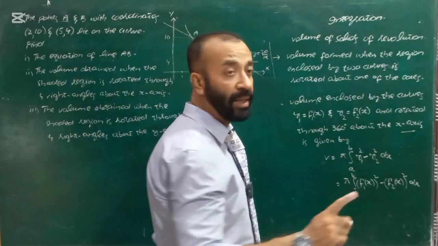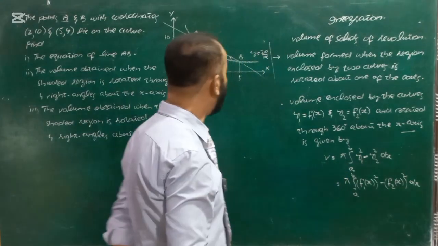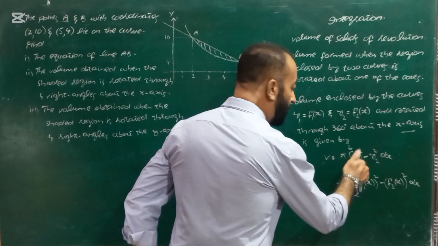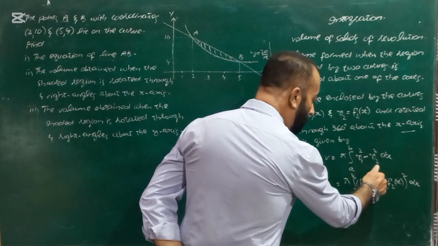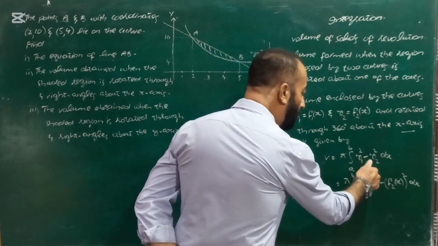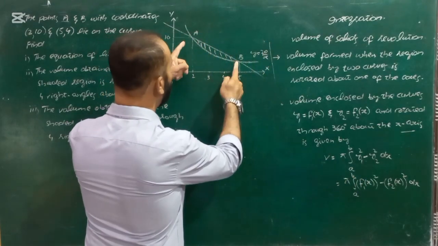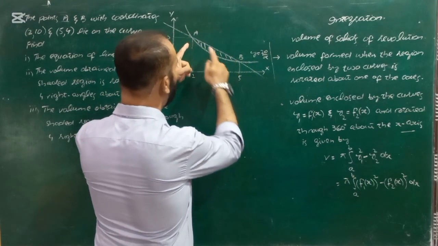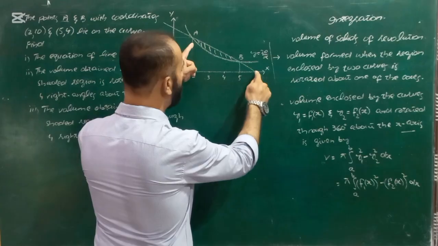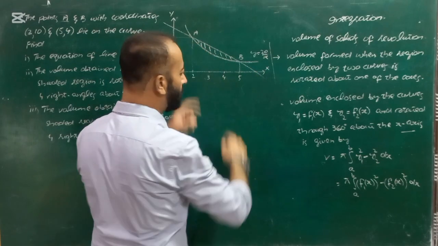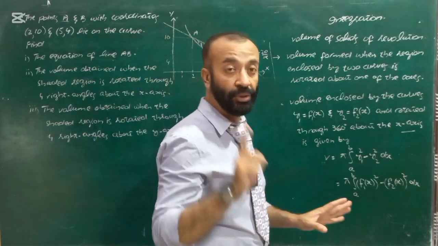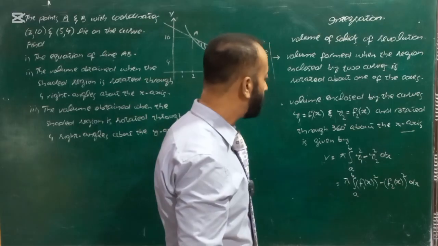So the thing to be noted, to be remembered is, always subtract the curve which is below from the curve which is above. So from here, if you can see the shaded area, this is the curve which is above and this is below. So this point you have to remember.